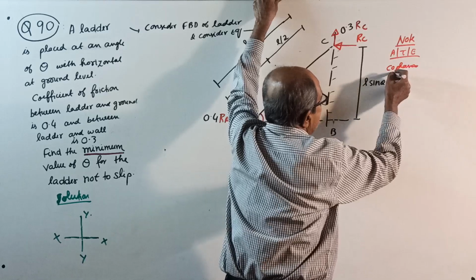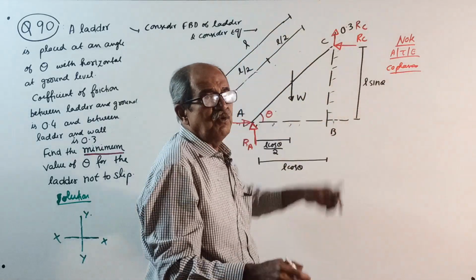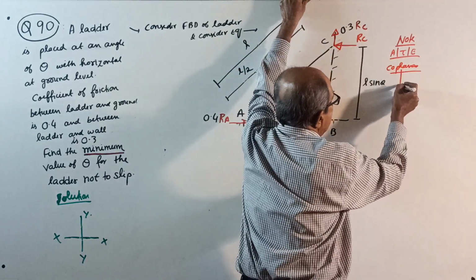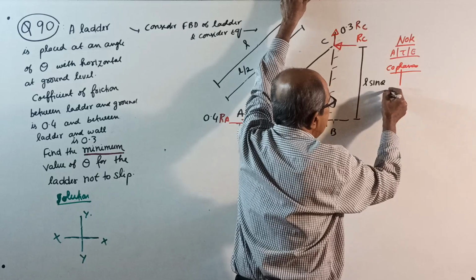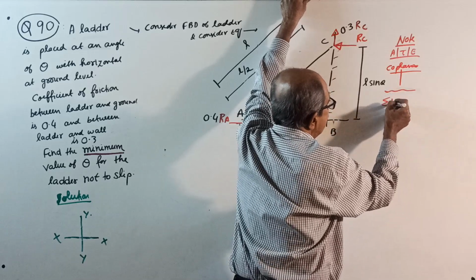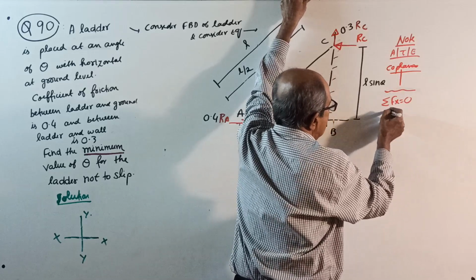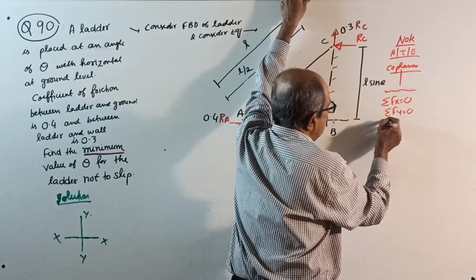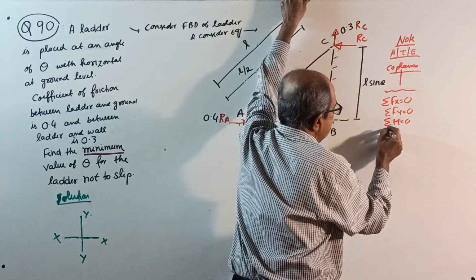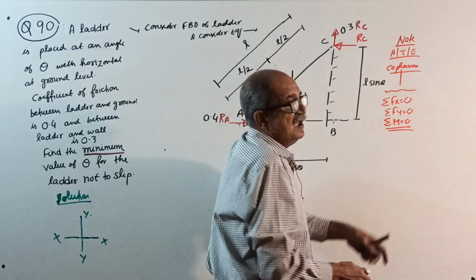You should write it. Therefore, for a coplanar force system, the basic conditions of equilibrium, you write here, I am dictating: sigma Fx = 0, sigma Fy = 0, and sigma M = 0. Sigma M = 0 is extra.